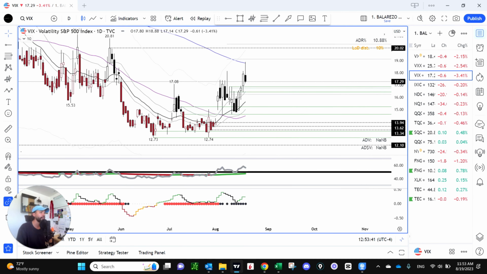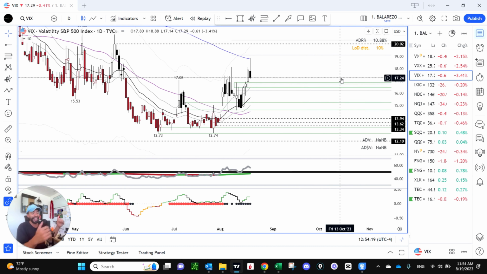So any pullback in the VIX is also probably going to be an opportunity to take the indexes to a short level. Unless the VIX starts to break below 16 and then perhaps 15 and we lose that 21 EMA wave like we did right here, then perhaps we will see a change in the short-term price action of the indexes. But for now, I don't think we need to fight any of this price action, and we just need to understand that any snapback rally is going to be an opportunity to short.